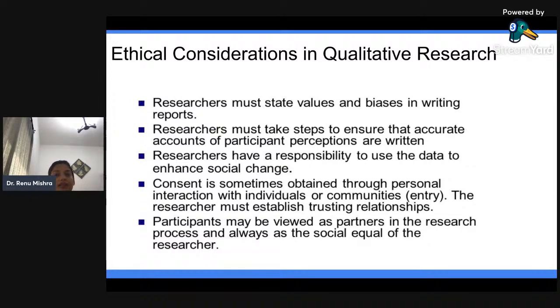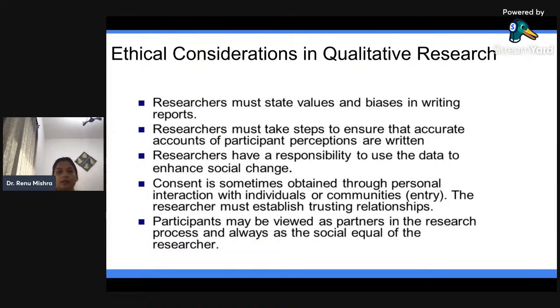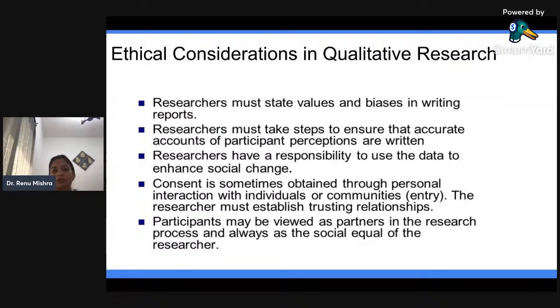Whatever the perception of your respondents, please don't dilute that. Please don't add your own perception, because you may not realize it, but you are altering your research eventually. Whatever information you get, try to use the same information. Do not play around with the data.